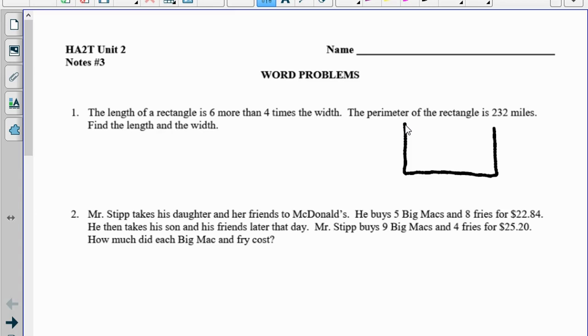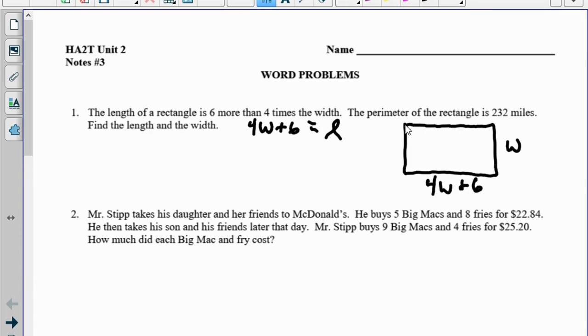Now, many times in Algebra 1, you might have done a problem like this, where you would write W over here, and you would say the length is 4W plus 6. But what's actually happening is we're setting up a system of equations where we have the width times 4 plus 6 equals the length.